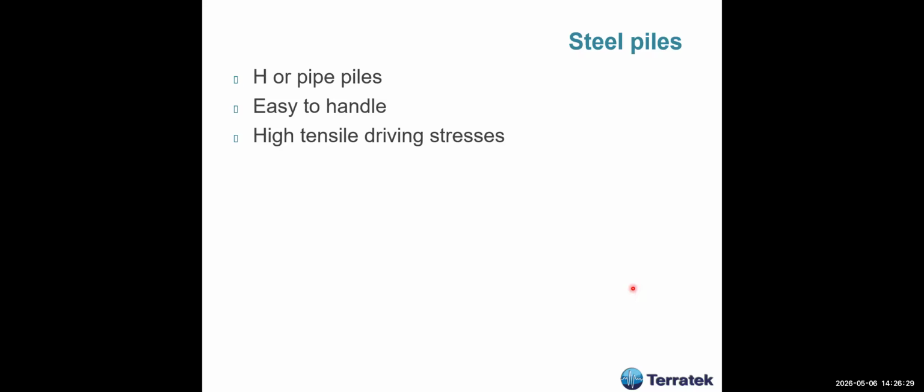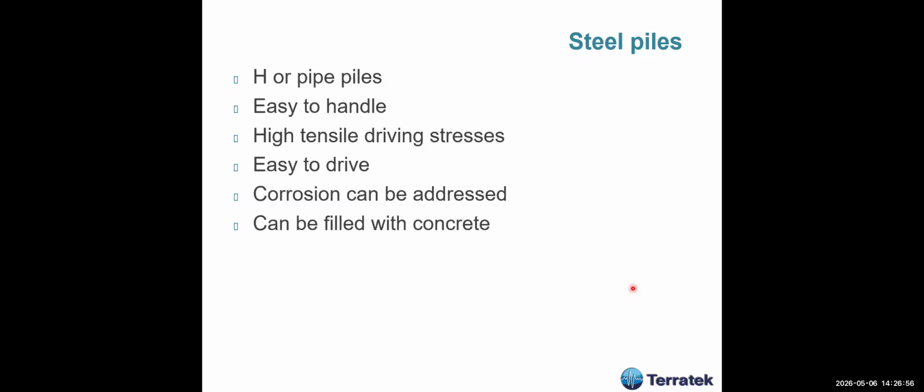This is what makes steel piles much easier to drive. There is also corrosion. That's the only problem you may have. This could be addressed by, usually what I do, discounting 1.5 millimeters around the perimeter of the pile, and by doing that, we may not have any problem.